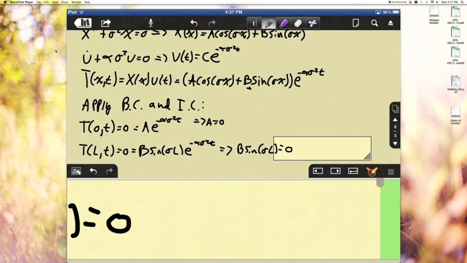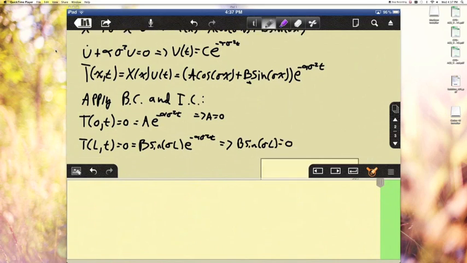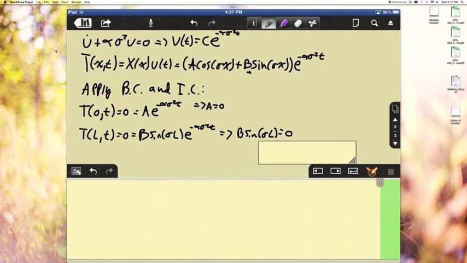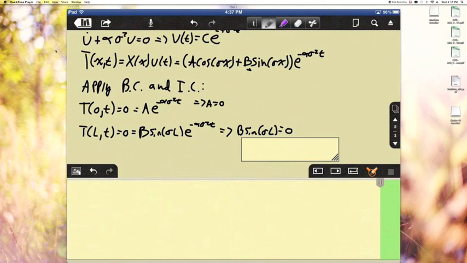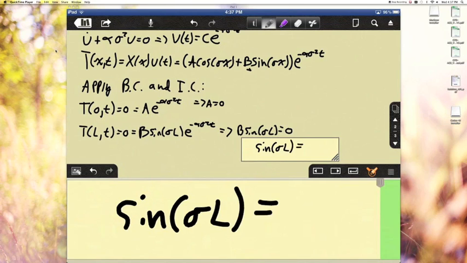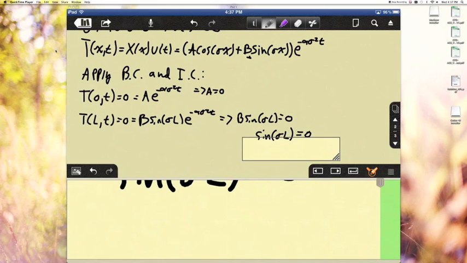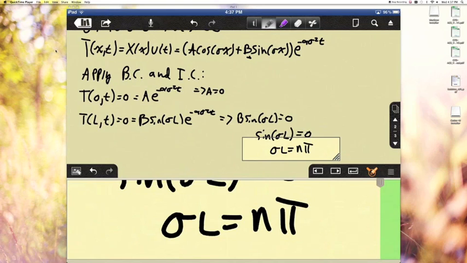Although it does satisfy it, it doesn't make any sense. So what we really want is to divide through by b, and find a sigma value such that sine sigma L is equal to 0. So we're going to be finding the eigenvalue. We know that sine sigma L is always going to be equal to 0 as long as it's being multiplied by n pi.